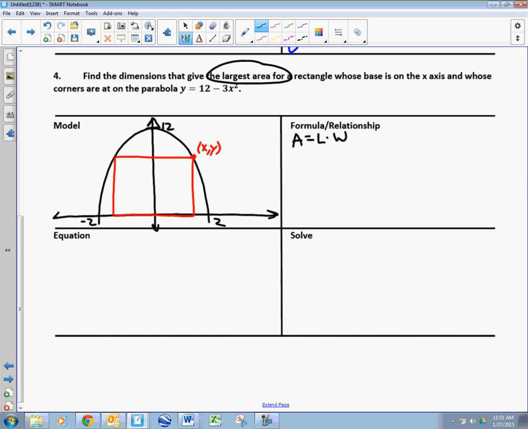Very good. Amber's right that the base does have a length less than 4. I need a variable because it changes. 2x. Yes. Very good.